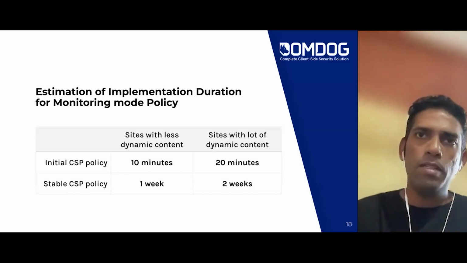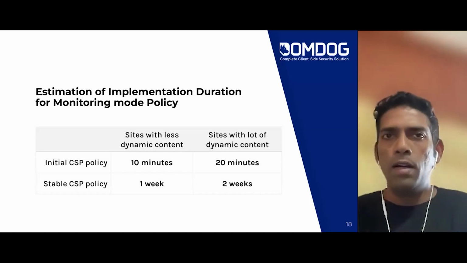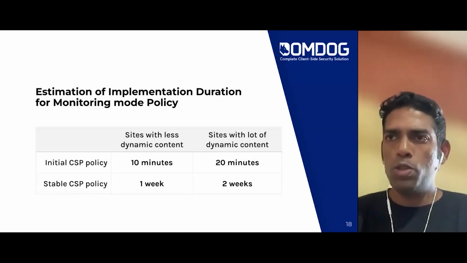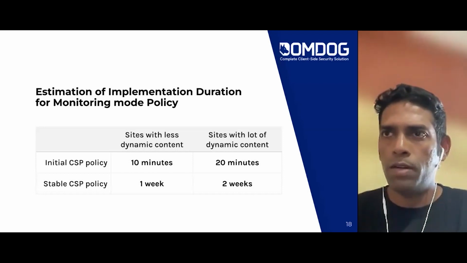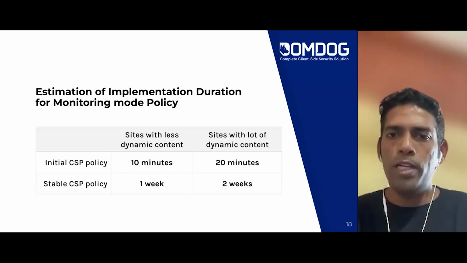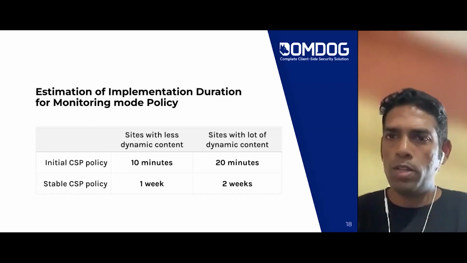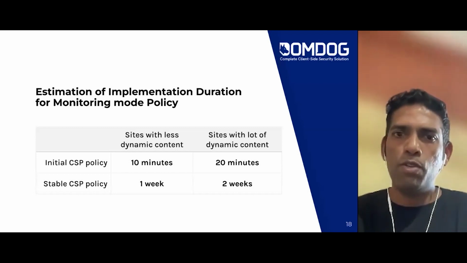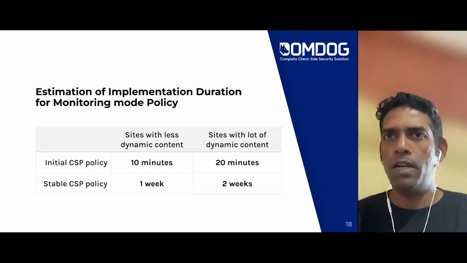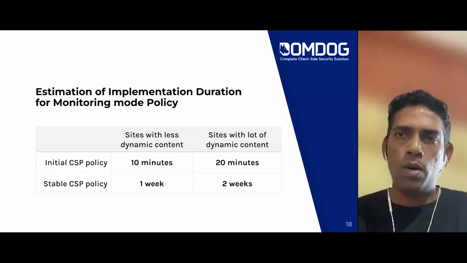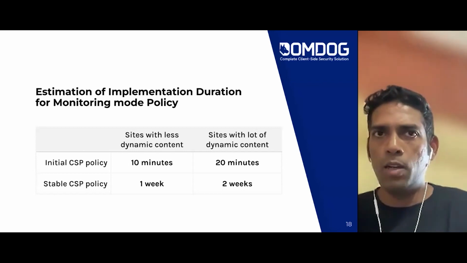And a stable CSP policy is one where your policy covers most of the resources your site is loading, and not too many violations are being created from your CSP reports, right? So when you get to that state, you can say that you have a stable policy, and that would take anywhere from a week to 2 weeks, depending on how dynamic your site is. When I say dynamic, it means how frequently the content your site loads keeps changing.